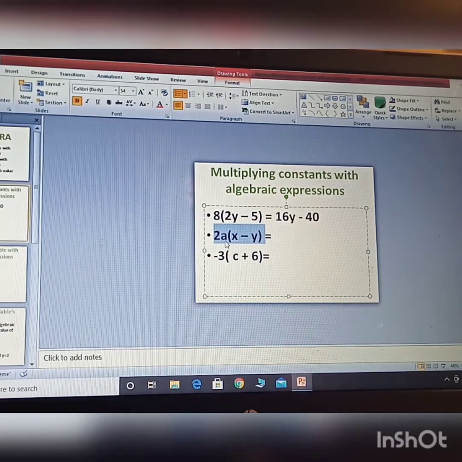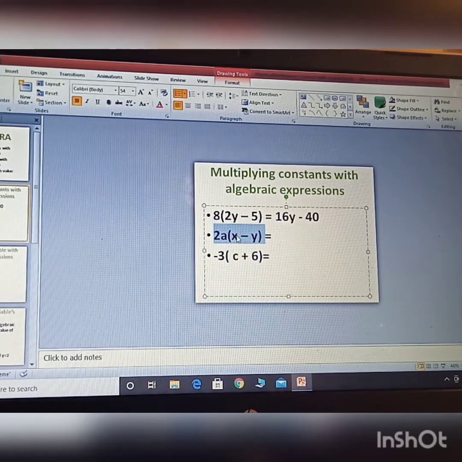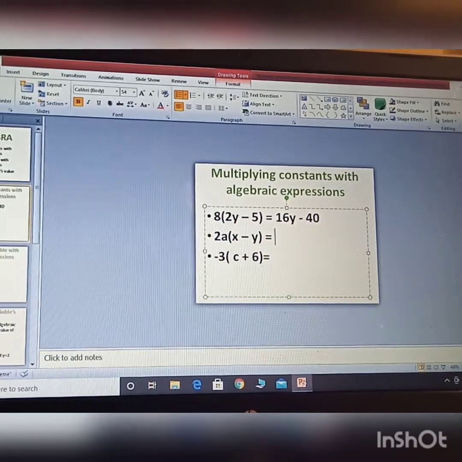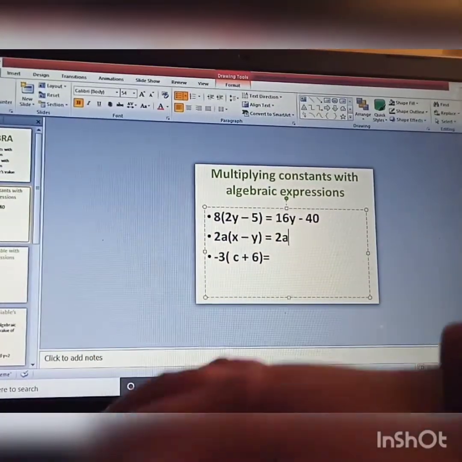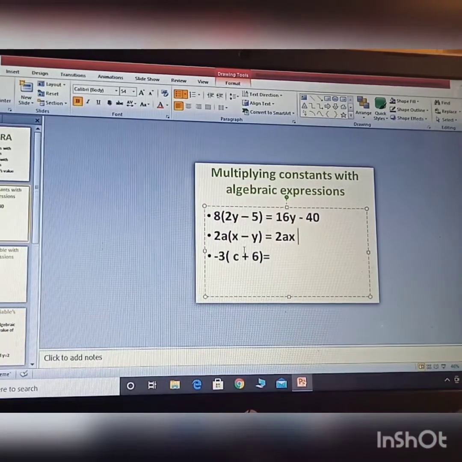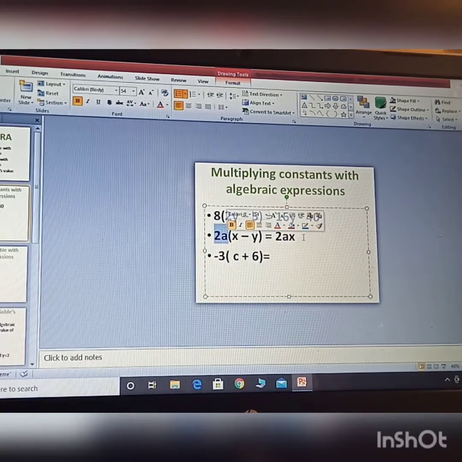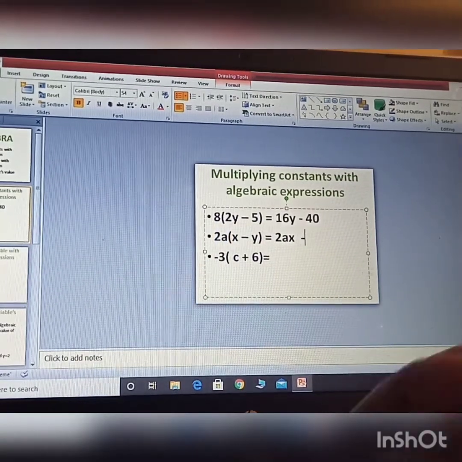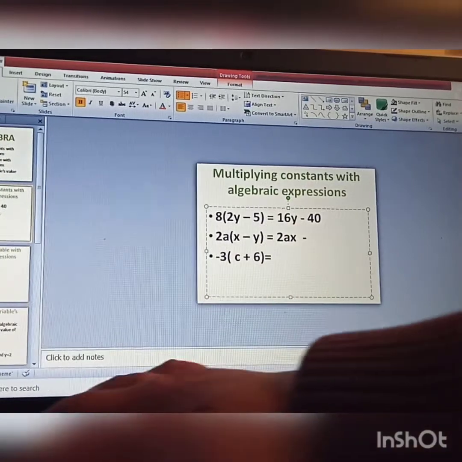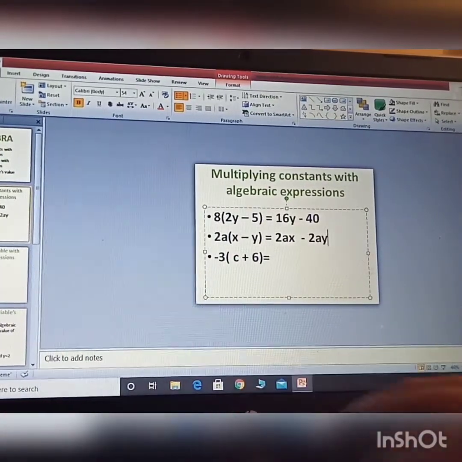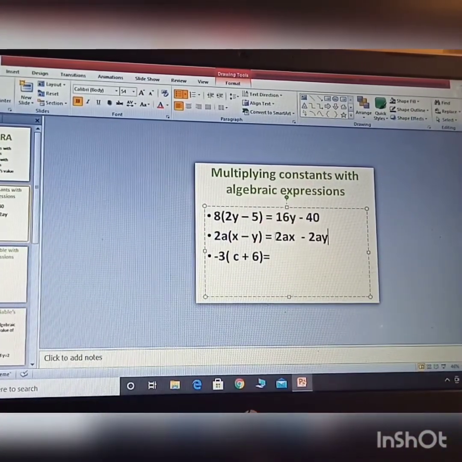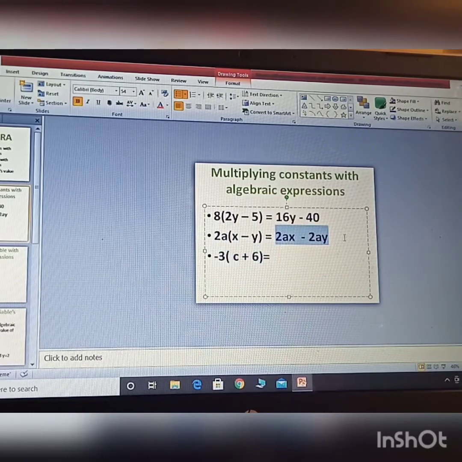Plus 2a will be multiplied with positive x, which will give you 2ax, and then when you multiply this 2a with the second term, that is minus y, the sign will be negative and you will get minus 2ay. So this is again done. This is our answer for this expression.